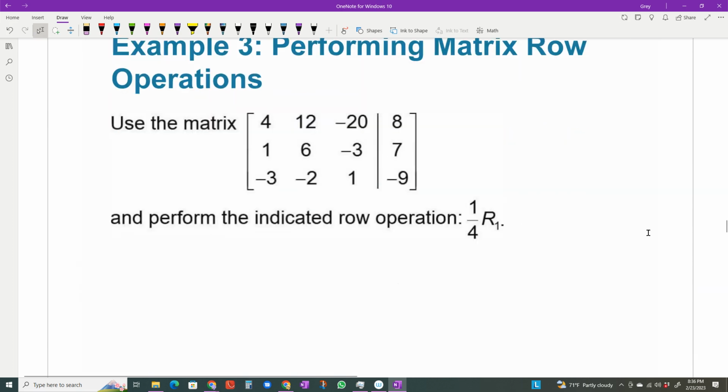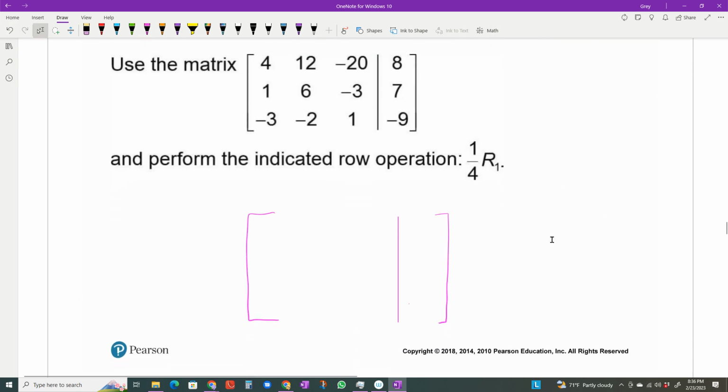It is as simple as that. Next one. This one says take 1/4 of row 1. So that means the other rows stay the same. And a lot of times when I'm doing something, I actually write those rows first so I don't get confused. So I'm only changing row 1, 1/4 of 4. This is the same thing, y'all.